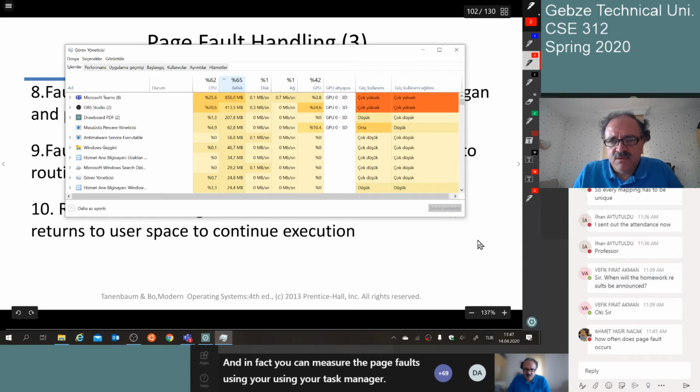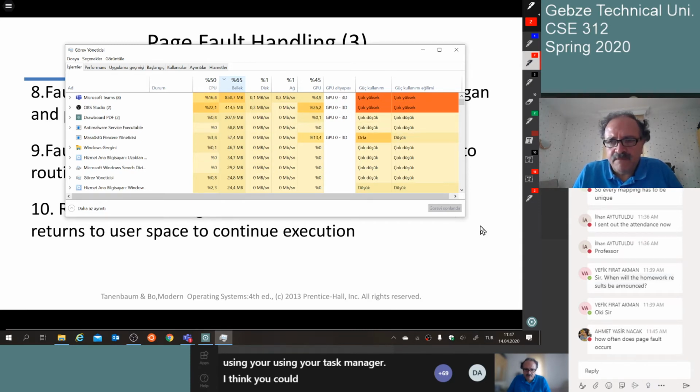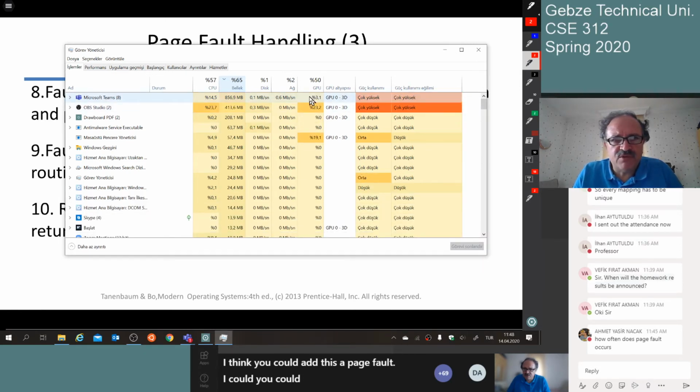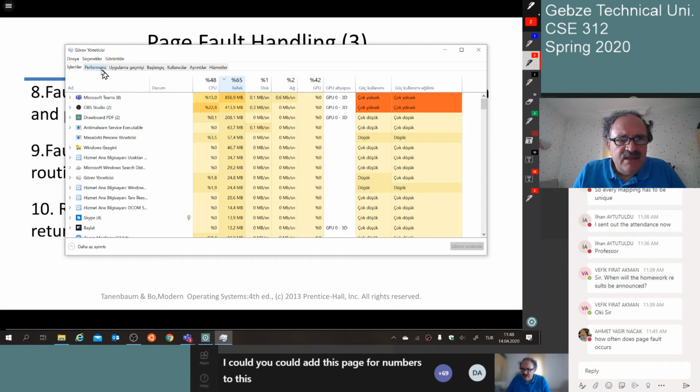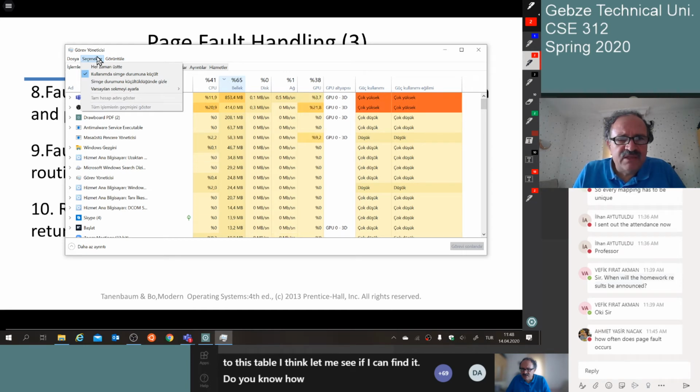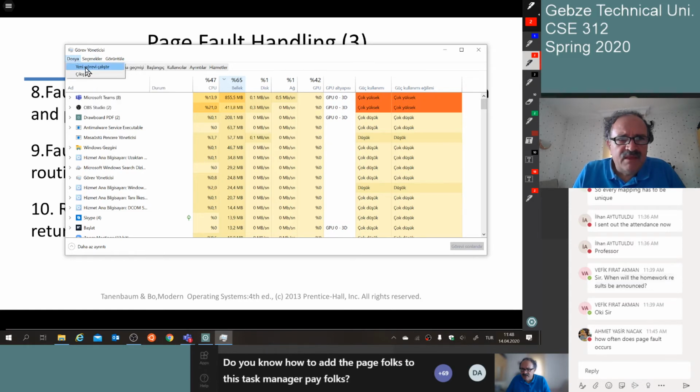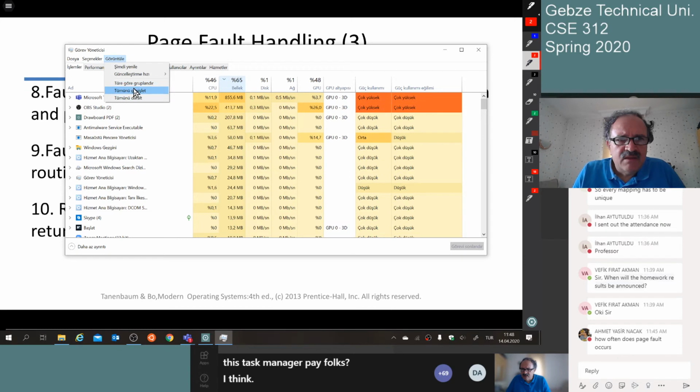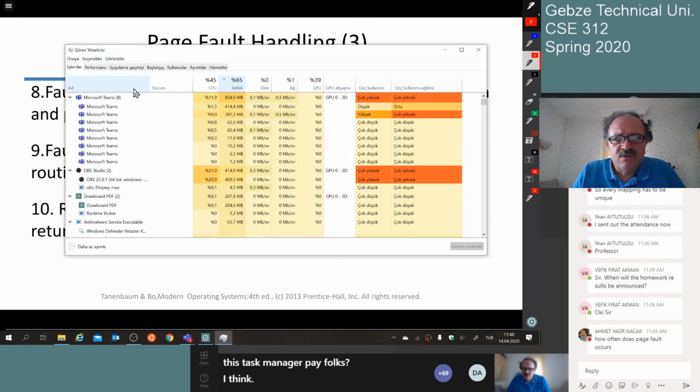I think you could add this page fault numbers to this table. Let me see if I can find it. Do you know how to add the page faults to this task manager? Page faults, I think. What is this?